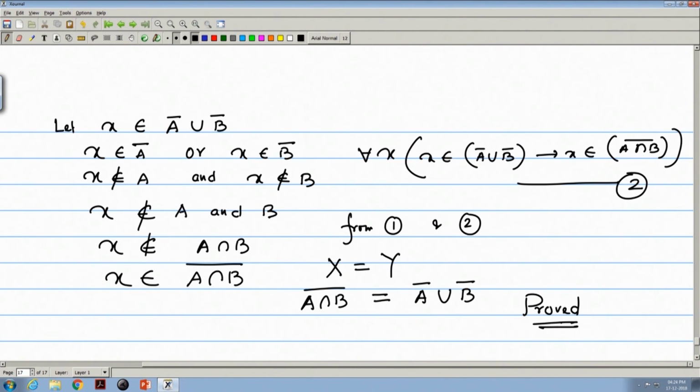So, in this way any one of the laws we can prove using the elements of set, whether they exist in some set or whether they do not exist in the complement. So, mainly from the concept of the set, the complement of a set, and the 3 operations that we have read on the set, mainly the intersection, the union and the complement of the set.